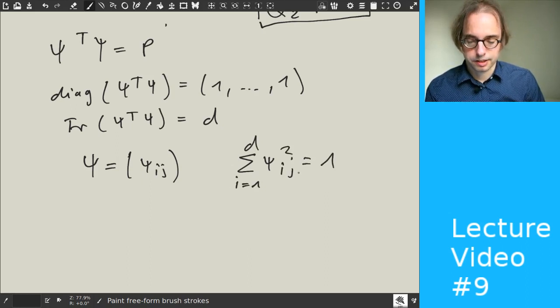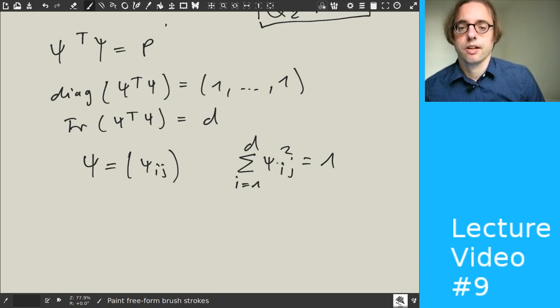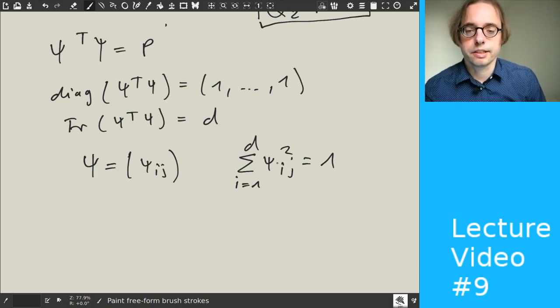So the squared correlations of the whitened components with the original components sum up to 1. That's interesting, because this is actually the meaning of the R squared coefficient.